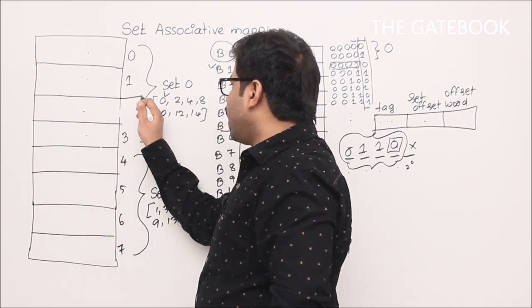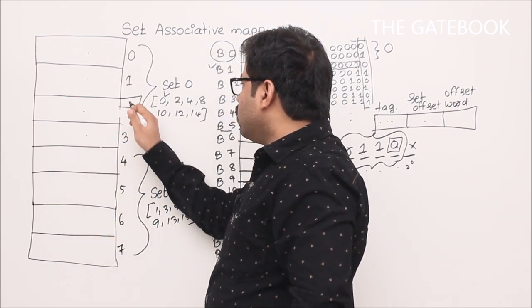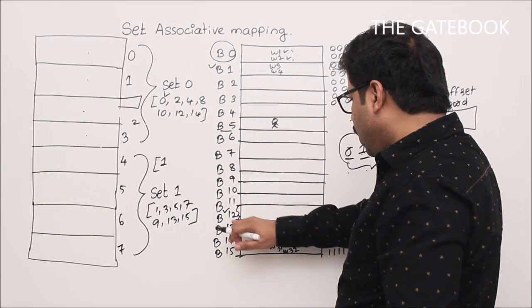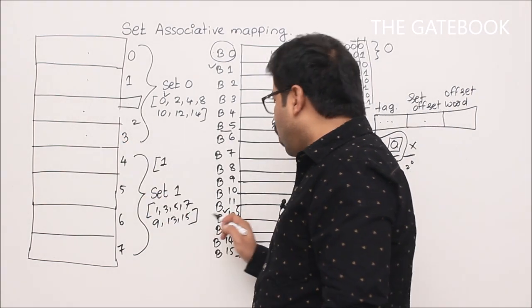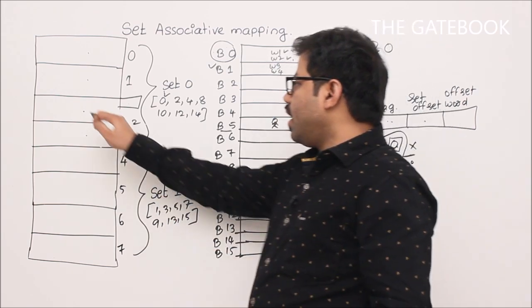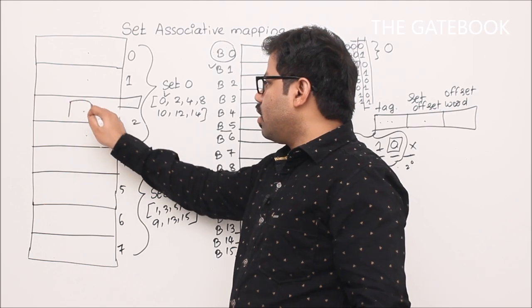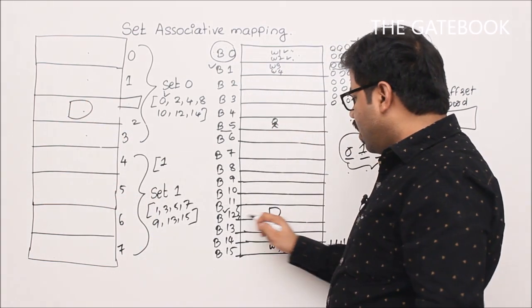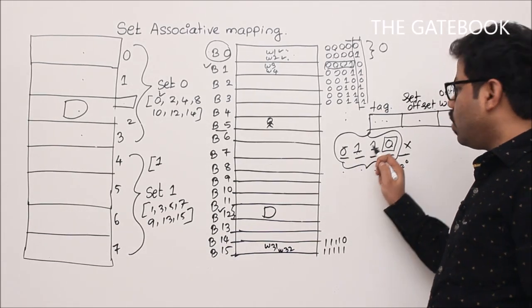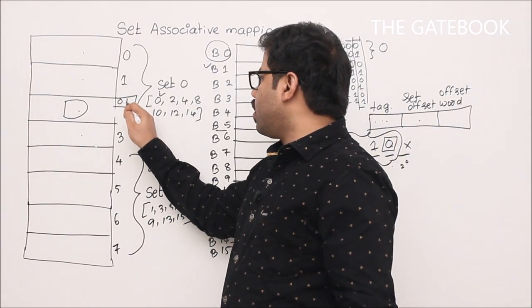I am showing the tag here. This is the second block. You are keeping the data of B12, this entire block B12. Let us say this data is D. Keep the data D here. What is the tag for that data? These 3 bits, 0, 1, 1. You keep 0, 1, 1 here.